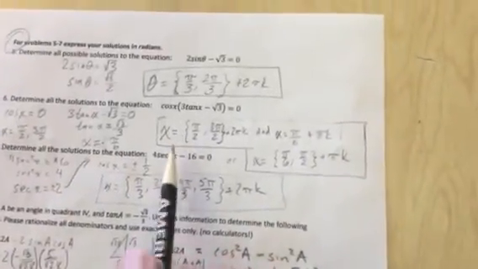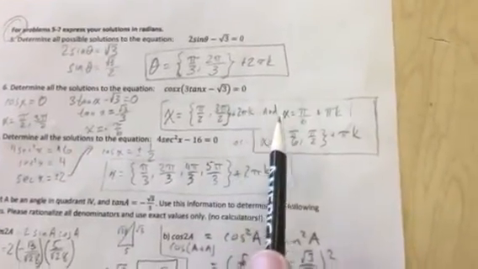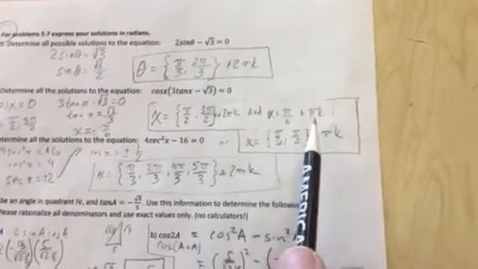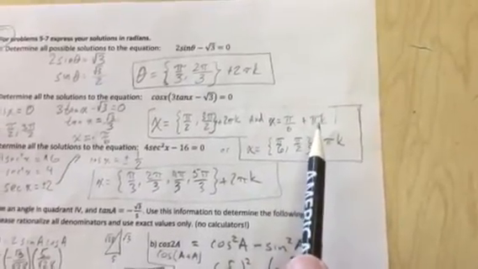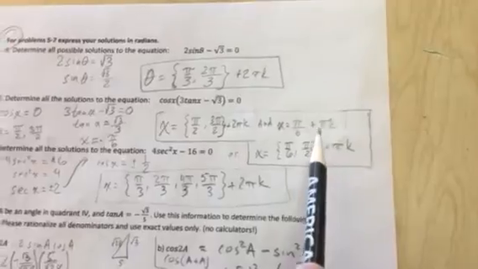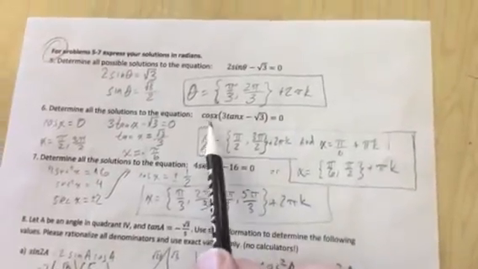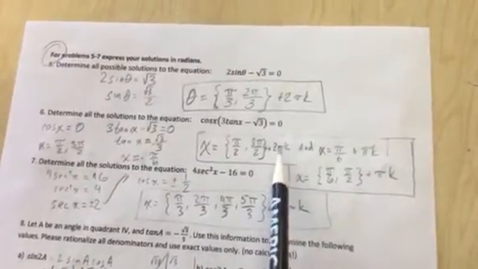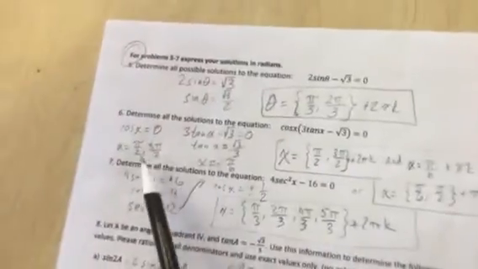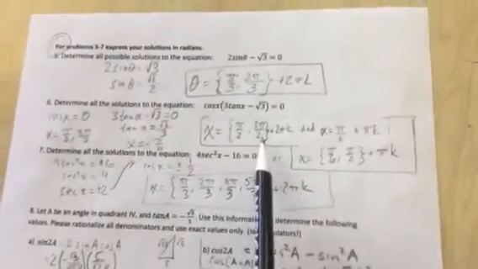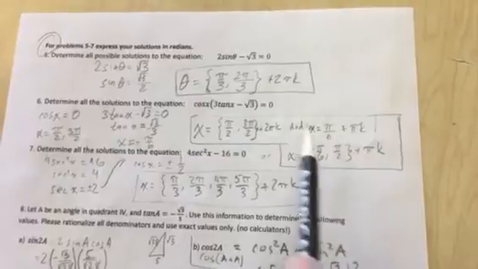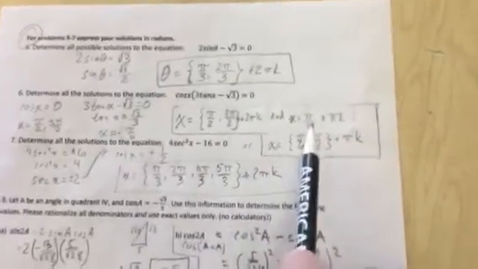I'll show you how. So we're expressing our solution there as pi over 2 and 3 pi over 2 plus 2 pi k. It also equals pi over 6 plus pi k. Remember that the period of tangent is only 1 pi, whereas the period of cosine for this part of the equation is 2 pi. So we add 2 pi k to the solutions we got from the cosine equation. We only have to add 1 pi k for the solution that we got from the tangent equation. So that's it.